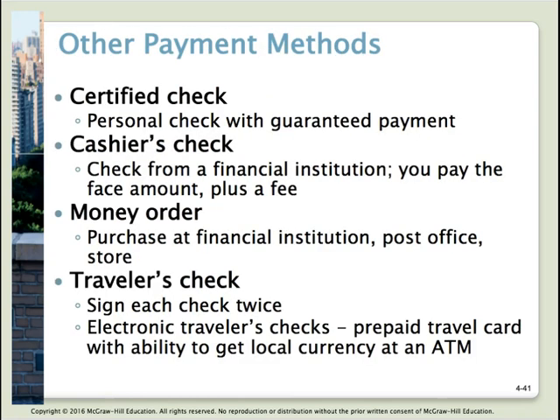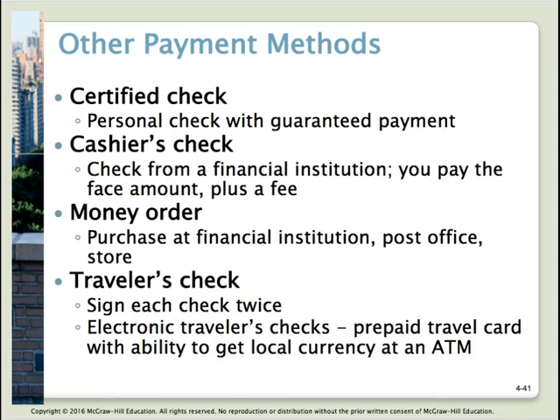One final slide, and then I think we will conclude our lecture. A couple of other payment types I want to make sure that you're familiar with. We have the certified check, which is a personal check with a guaranteed payment, and you have to get that from a bank or banking institution, credit union. Same with the cashier's check, which is a check on the financial institution.